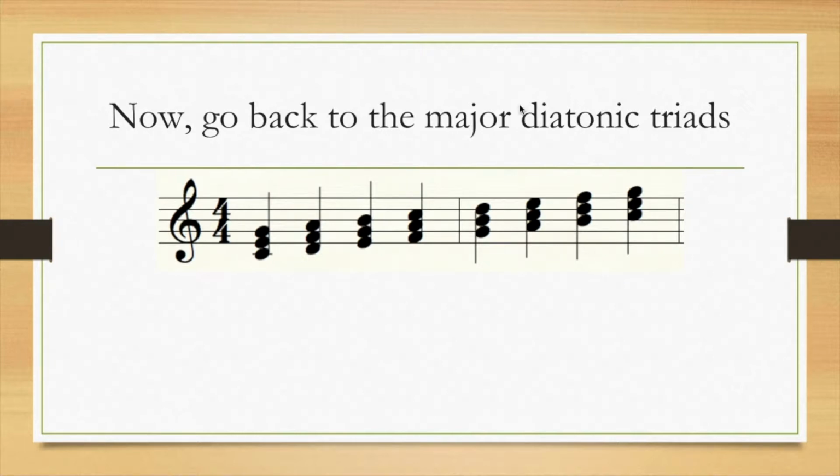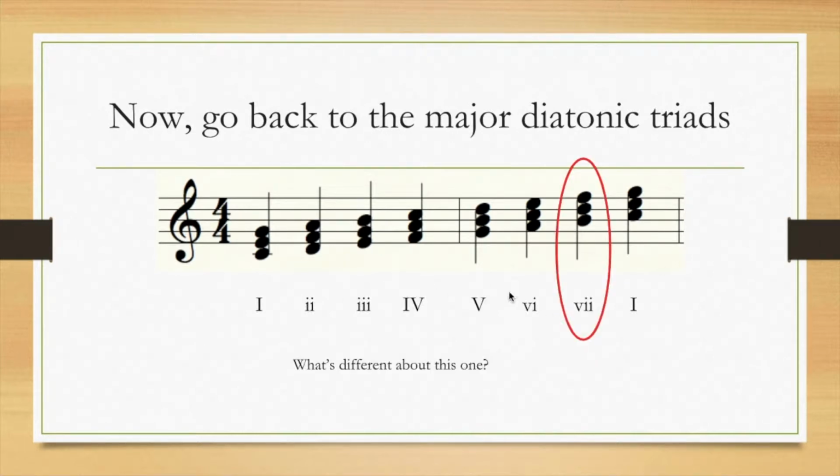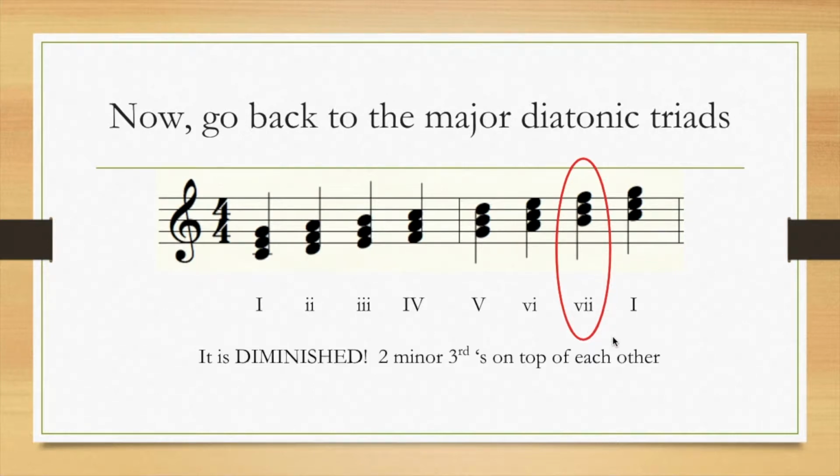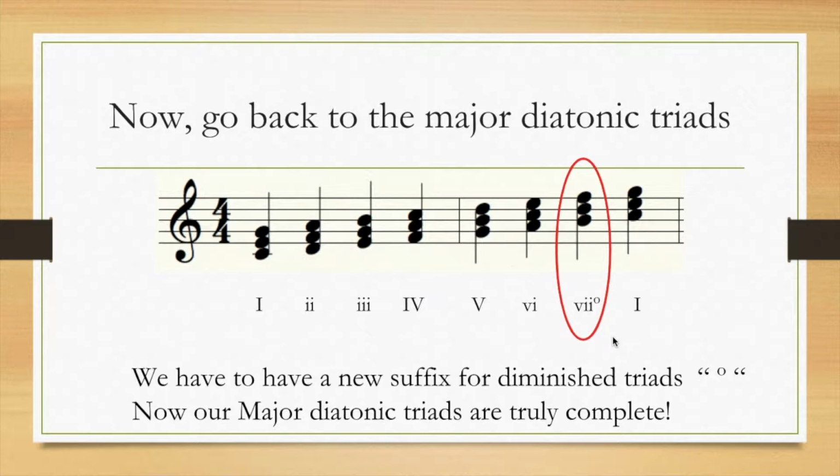Now, here are our major diatonic triads. Check this out. The 1 is major, 2 was minor, 3 was minor, 4 was major, 5 was major, 6 was minor, 7 was diminished, wasn't it? And we drew that with a little circle.